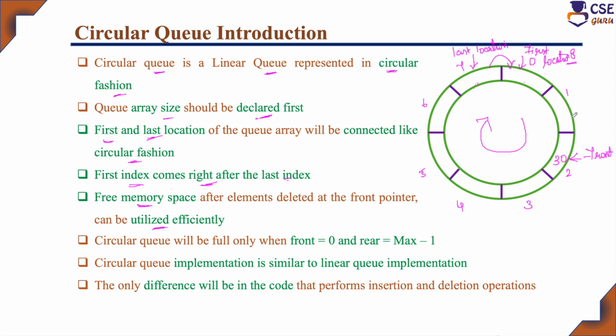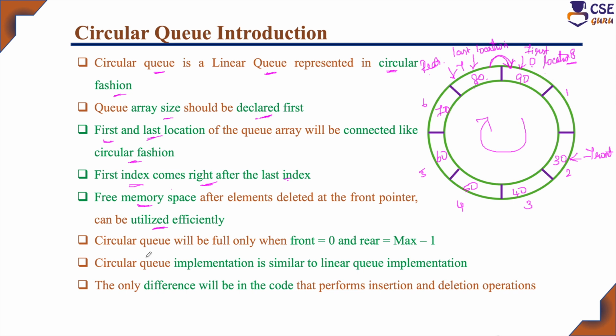Elements 10 and 20 were already there and you have deleted them. 40, 50, 60, 70 and 80 are there. Now rear is pointing here. What is the advantage? Next, if I want to insert 90, you can resume the rear pointer to the 0th memory location and place the element here. That is the advantage of circular queue.